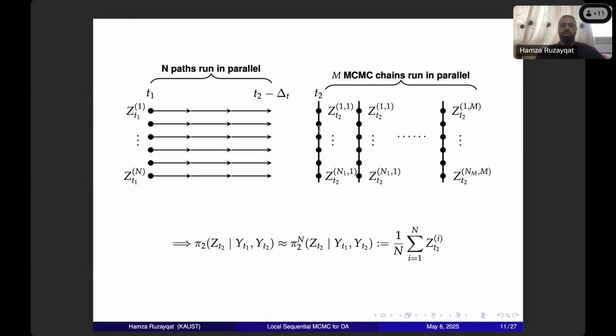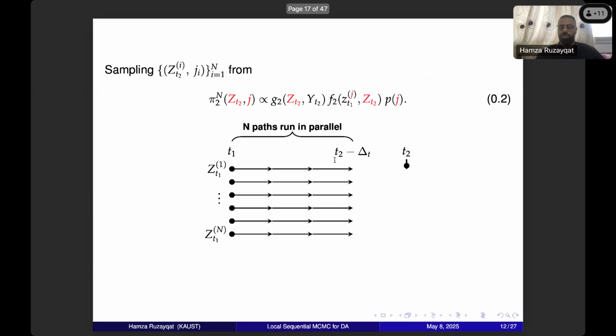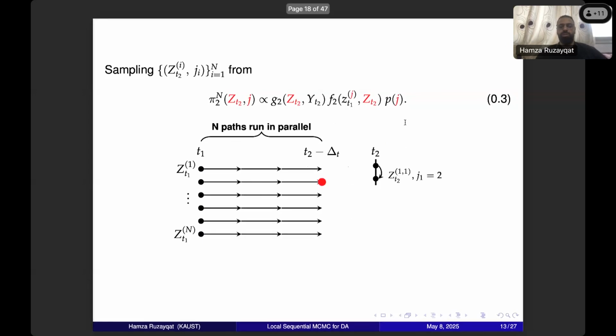So let me show you how we construct one of these chains. We're going to sample j and z_t2 from this distribution using MCMC. So we first sample j, for example, in this case, it's 2.